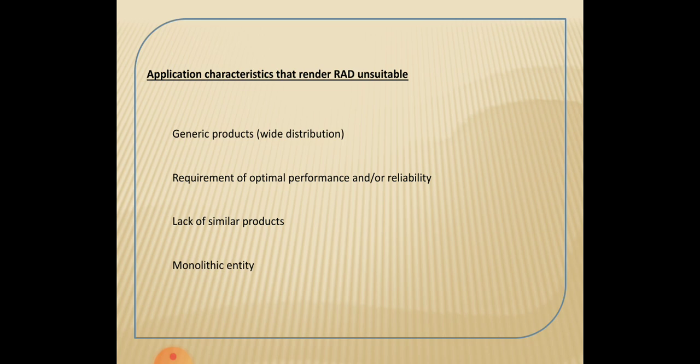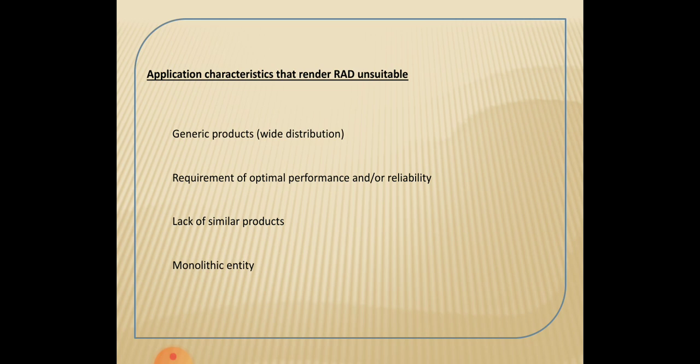Another thing is the requirement of optimal performance or reliability. For certain categories of products, optimal performance or reliability is required. For example, an operating system or flight simulator software may require high reliability and high performance.